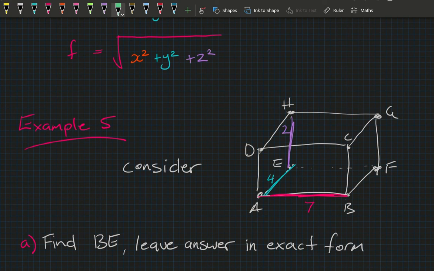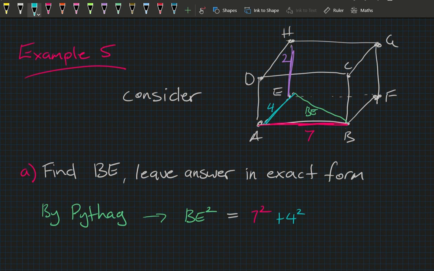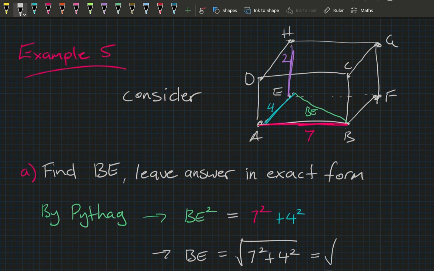So BE is obviously this green line. So using Pythagoras' theorem, BE squared is clearly equal to 7 squared plus 4 squared. Therefore BE is equal to the square root of 7 squared plus 4 squared, which equals the square root of 49 plus 16, which is equal to the square root of 65. Hopefully you recognise the perfect square of 7 and 4. And that's all we're asked to do for part A.